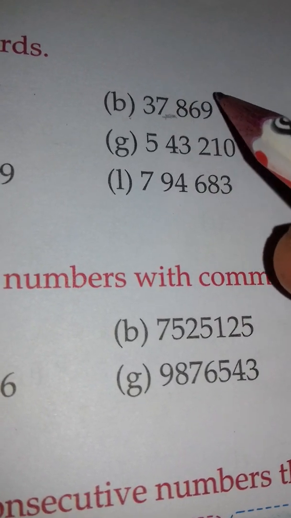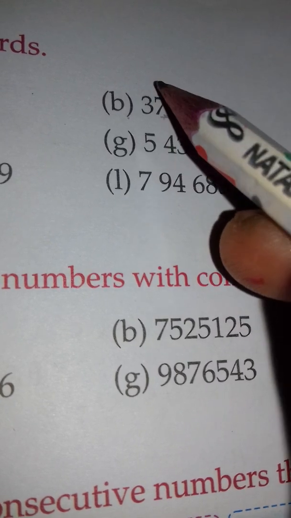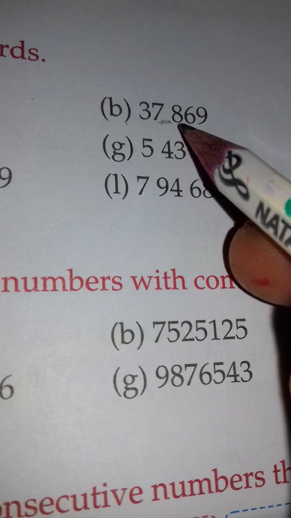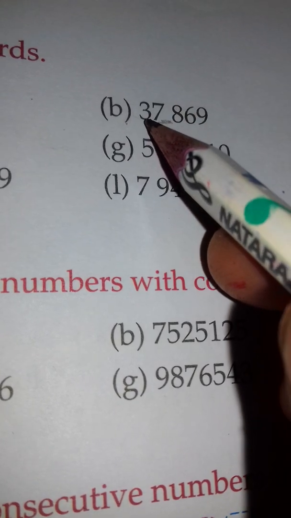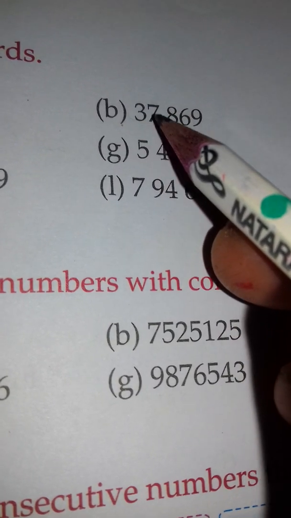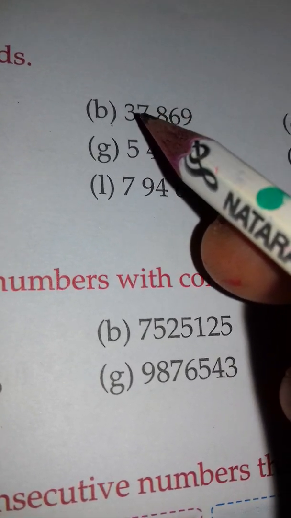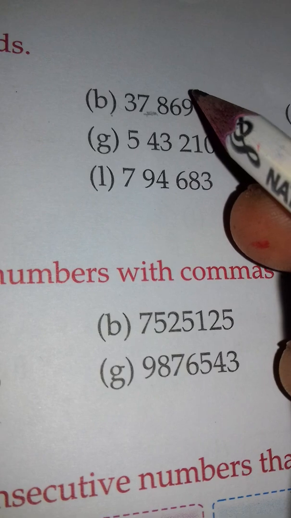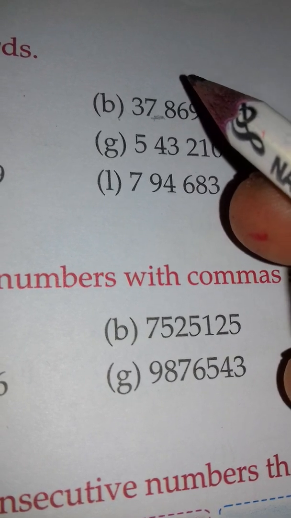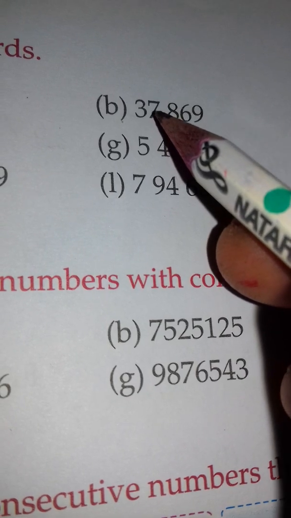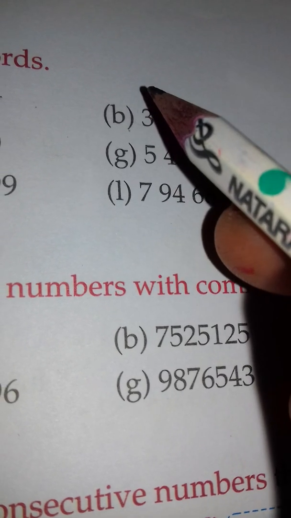This is showing the ones period and this is showing the thousand period. Ones, tens, hundred, thousand, 10,000. So according to the periods of each digit, we will write this in words. At ones 9 is given, at tens 6 is given, at hundred 8 is given, at thousand 7 is given, at 10,000 3 is given.